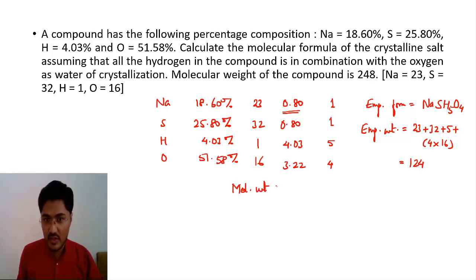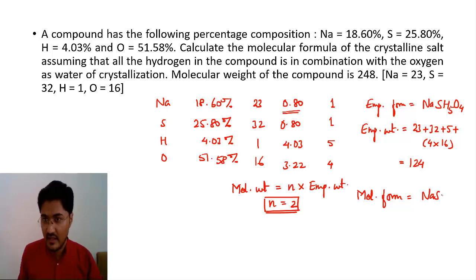So molecular weight equals N times the empirical weight. So here N comes out to be 2, and hence the molecular formula becomes NaSH5O4 into 2, and hence we get the molecular formula as Na2S2H10O8.